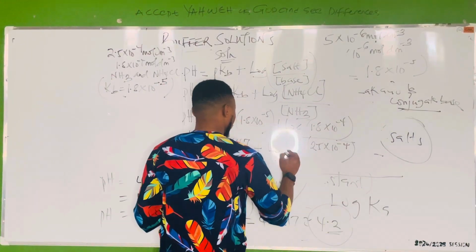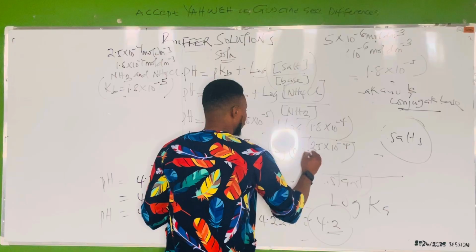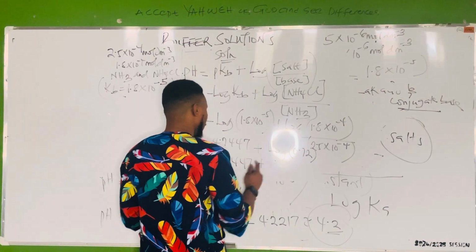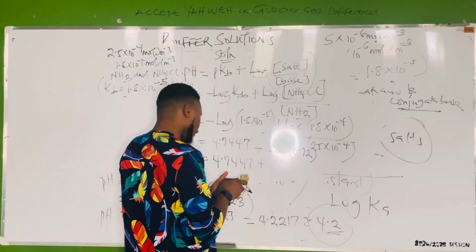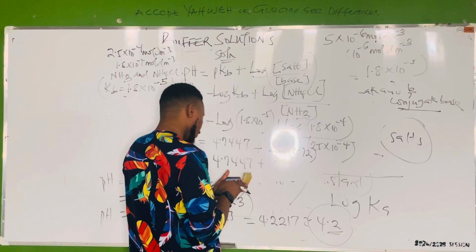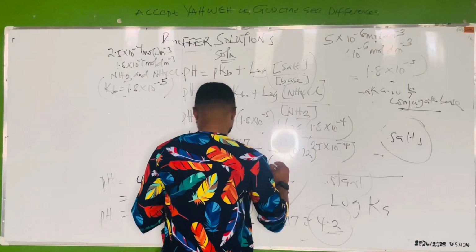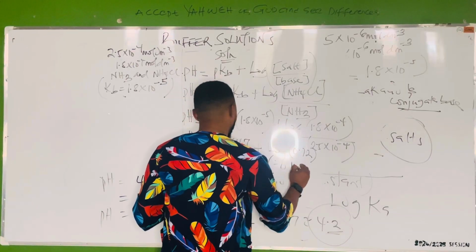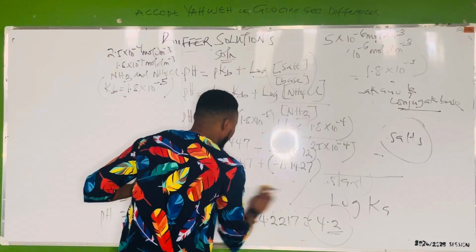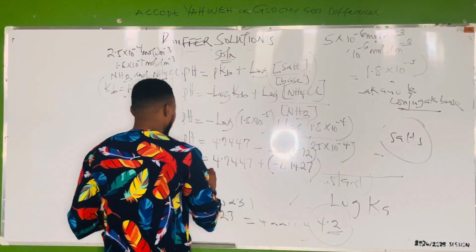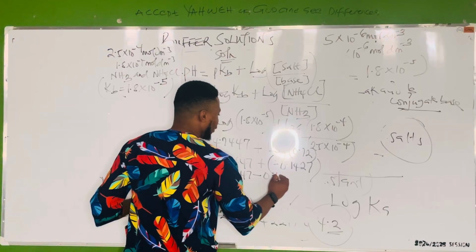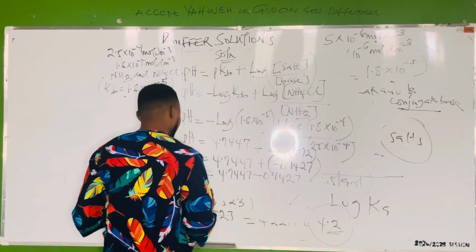So this will be equal to 4.7447 plus the log of 0.72. This will give us, in brackets, minus 0.1427. Removing that bracket, we have 4.7447 minus 0.1427, because plus times minus is minus.